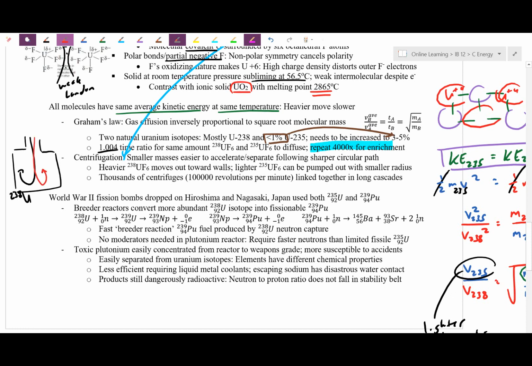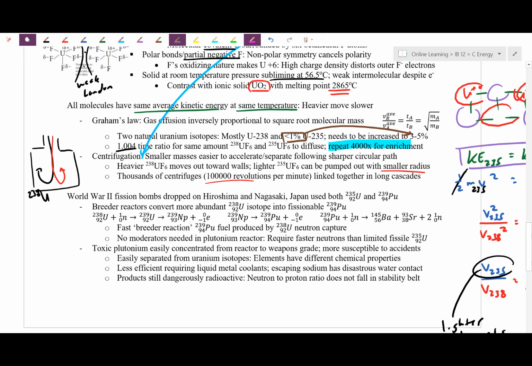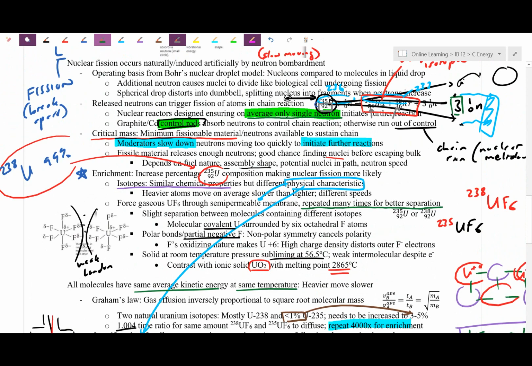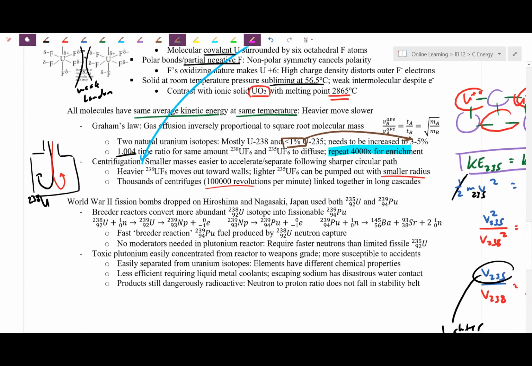If I can engineer it in such a way that the lighter one can be pumped out with a smaller radius, I'm still going to have to repeat it many, many times. So they're going to cascade the centrifuges. After traveling through this one, they travel through another one, and another one. They're going to cascade through 1,000 centrifuges, and steadily but surely it does slowly enrich, and we get the more useful form. Then, once I have the more fissile form, I can do the neutron capture.